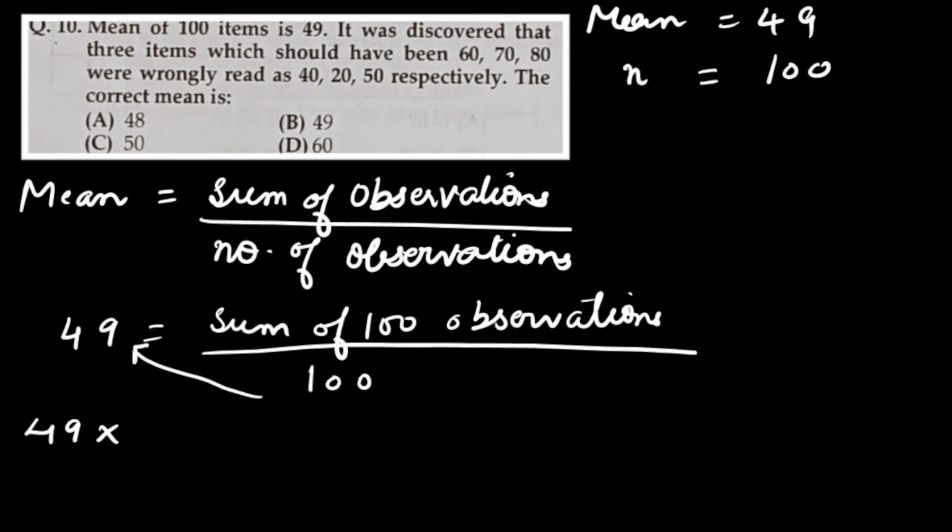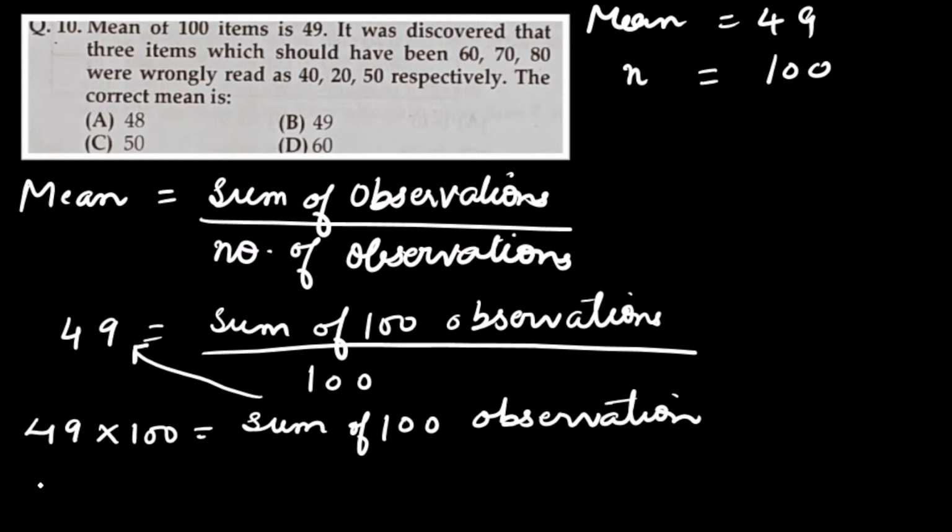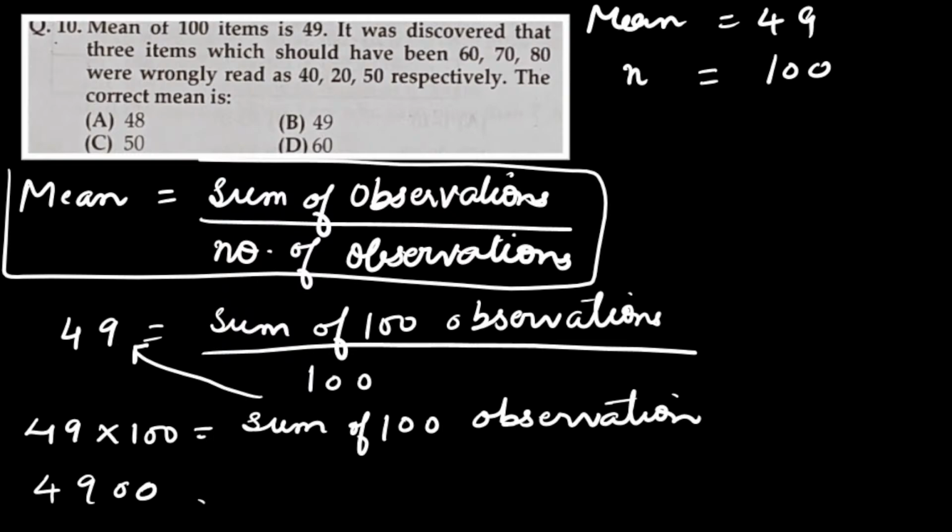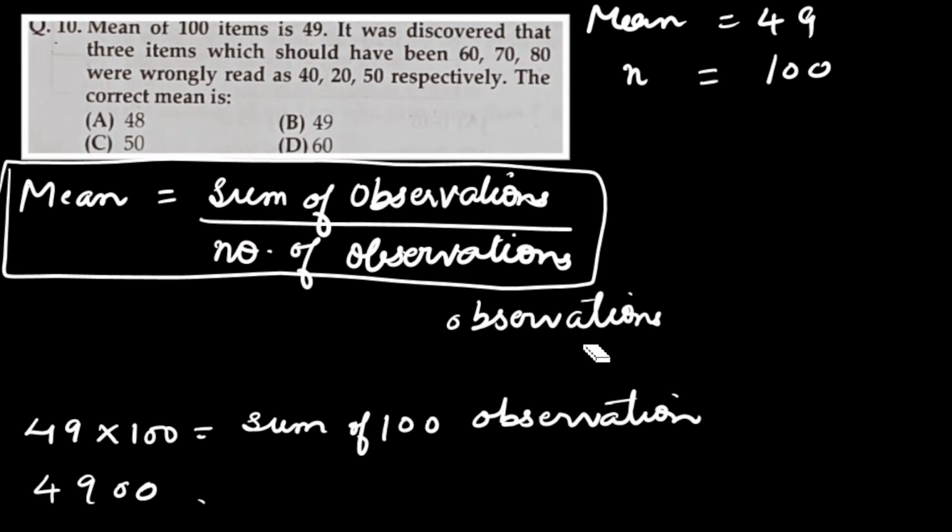So 49 into 100 is equal to the sum of 100 observations, which is 4900. Now I have to find the correct mean. For that I should know the correct sum of observations and the number of observations. So again I'll make use of this formula for the sum.